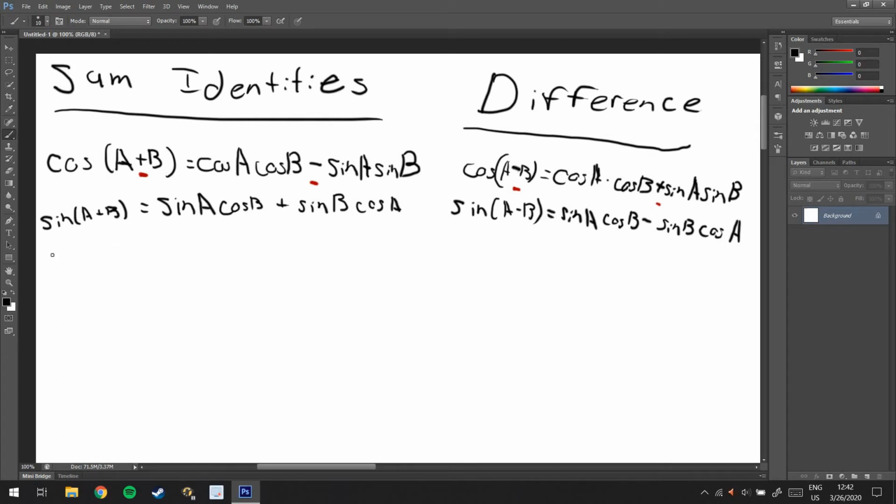The last one we had discussed, well, we have sine, we have cosine, we also need tangent. Tangent is a little bit different. So I'm just going to give us tan. So tan for sums.